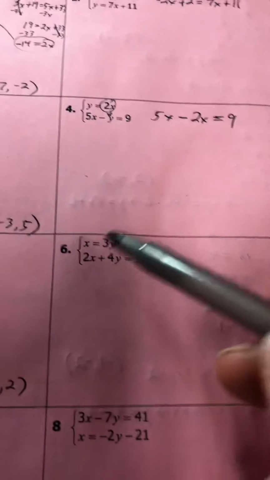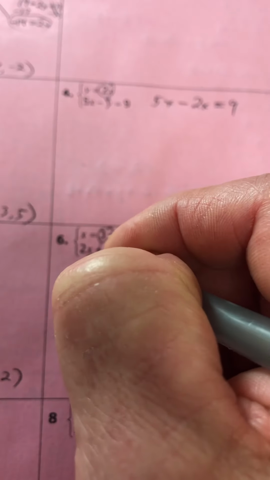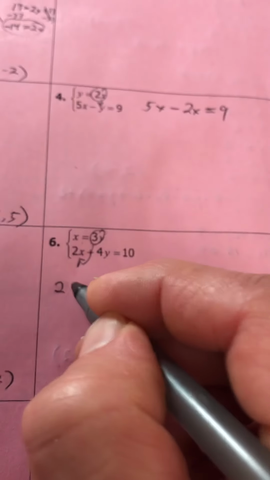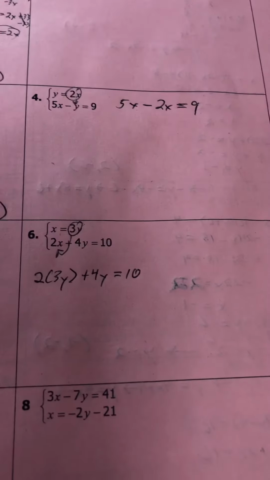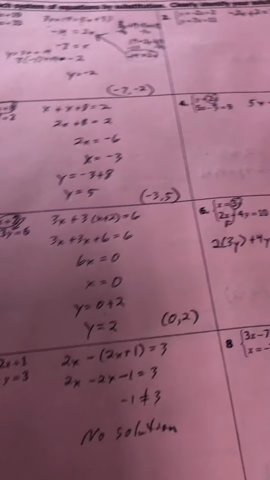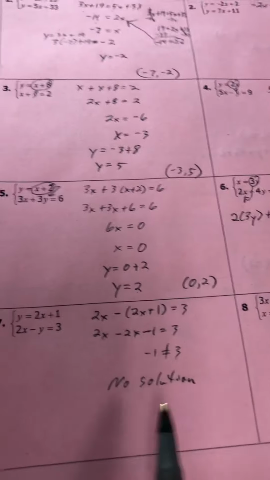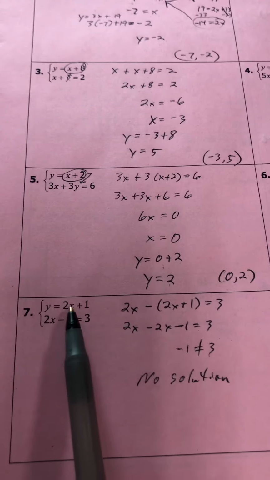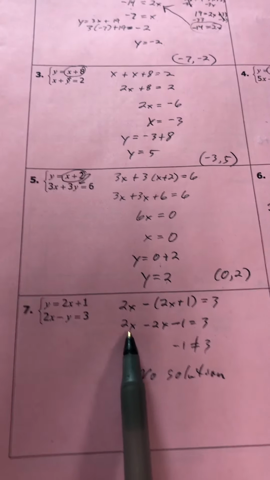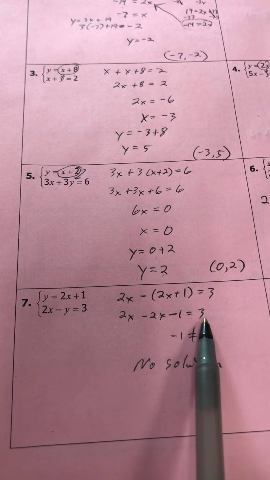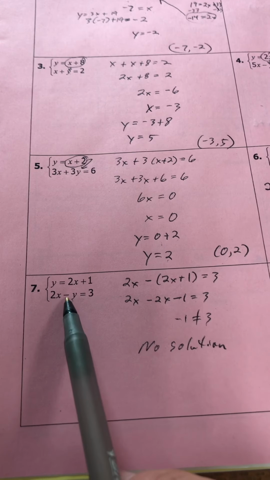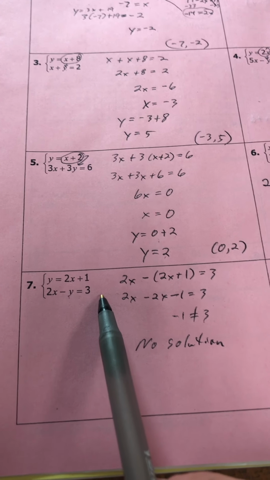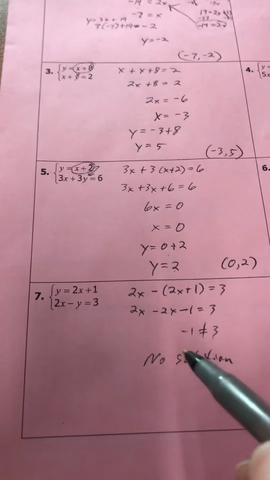Okay. In order to set this up, I'm going to plug this in to x. So I am going to have 2 times 3y plus 4y equals 10. That's a setup for number 6. Okay, number 7. This ends up being no solution because once I plug in this value in for y, I get 2x minus 2x, and then I'm left with negative 1 equals 3. Negative 1 does not equal 3. In fact, if you were to set this problem up, you would end up figuring out that you get the same.